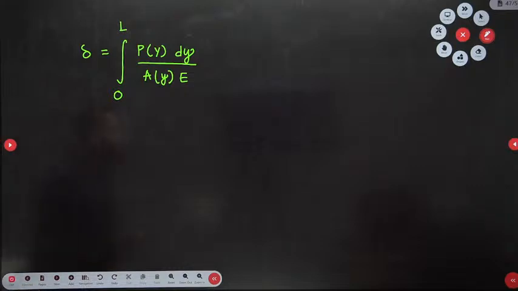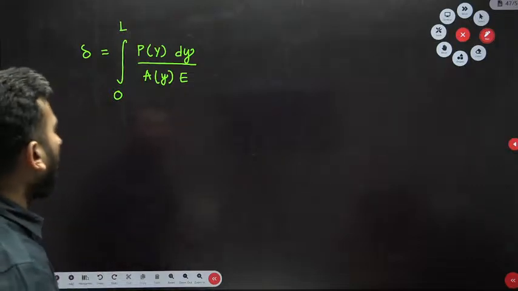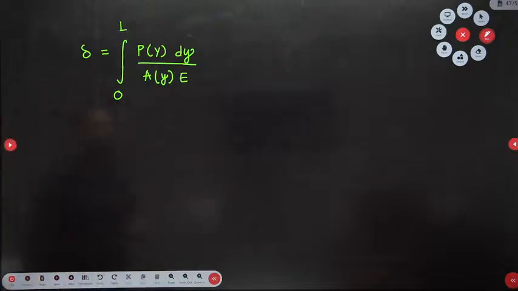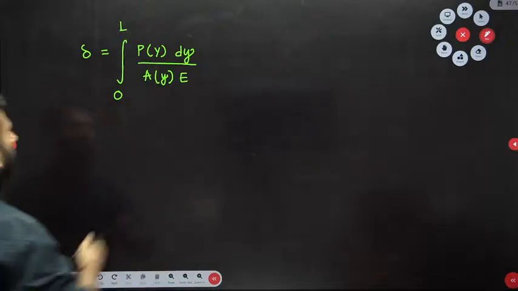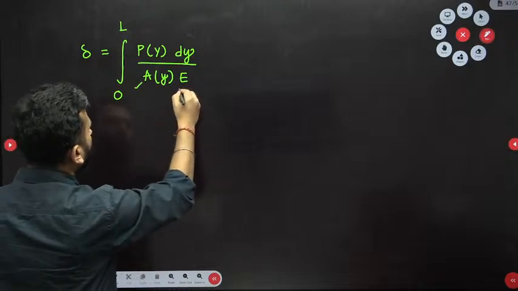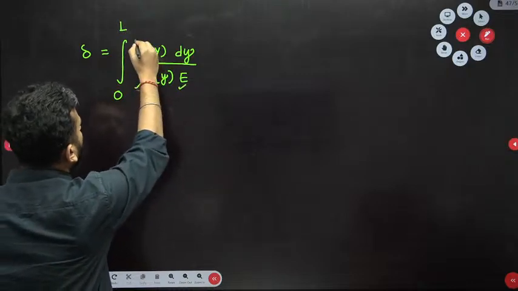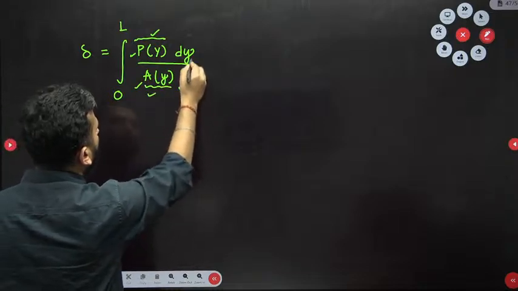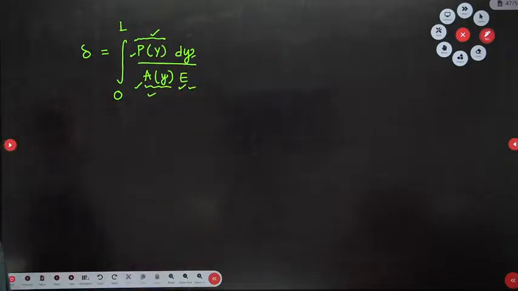So the varying area, E, and P of y, we have found out, and dy we know. This thing is clear.